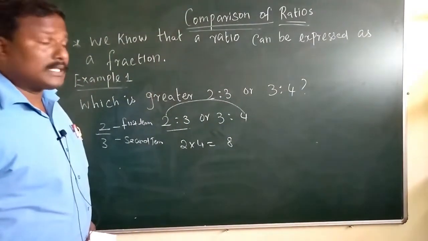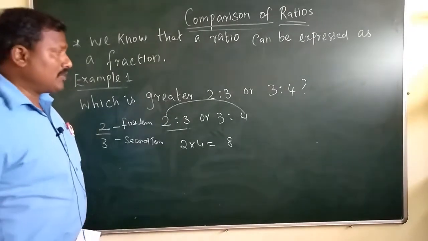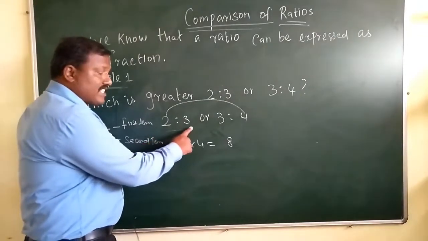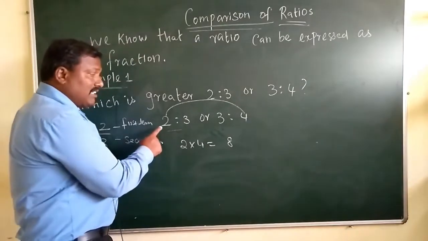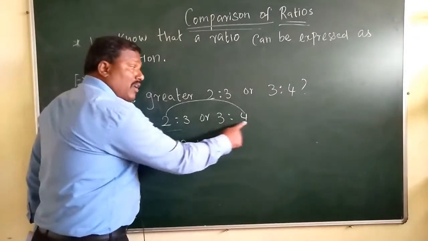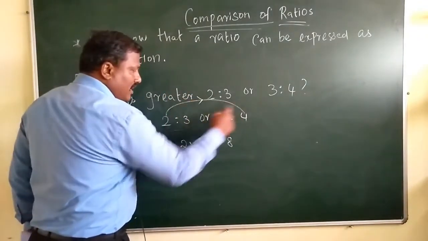How do we compare the given ratios? You have to multiply the first term of the first ratio with the second term of the second ratio, means 2 into 4, 2 4s are 8.